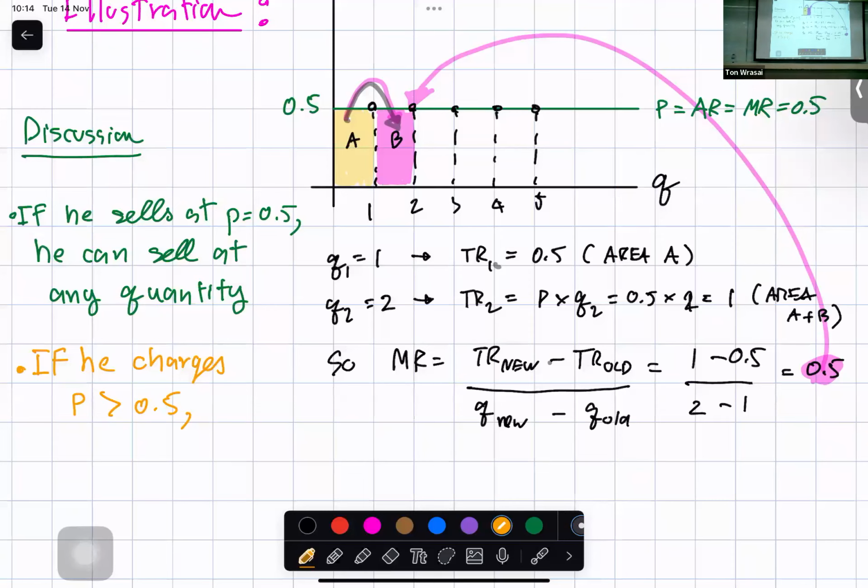If he charges more than 0.5, his sales move to 0.